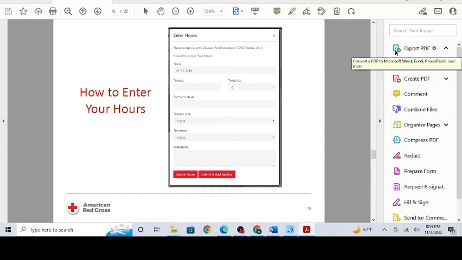If you're going off to one of those larger disaster operations, let's say you're helping out with a hurricane, for example, the hurricane that affected Florida recently, it isn't really a good use of one's time to try to find a computer, to try to find an internet resource to record the hours that you did for that particular day.